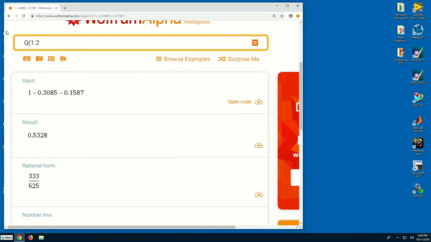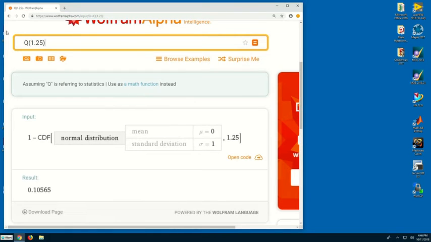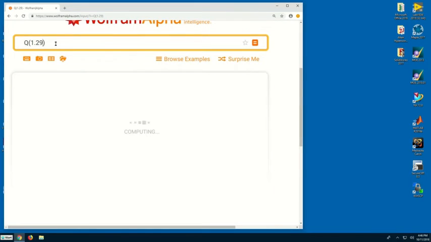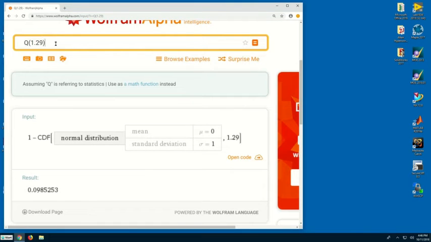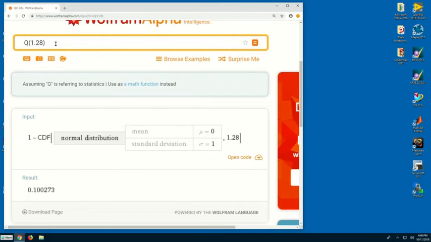If I try 1.25, I see it's not quite yet. There's still some stuff to go. How about 1.27? I'm getting better. How about 1.29? Now I've gone too far. So 1.28, right? And this is fine.